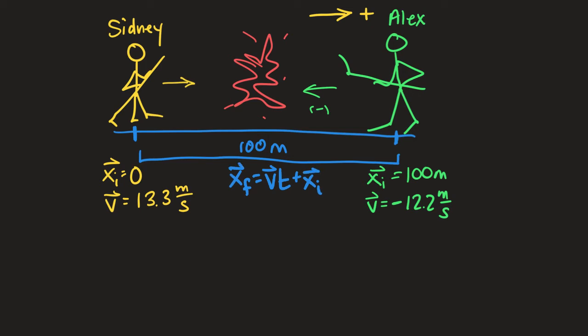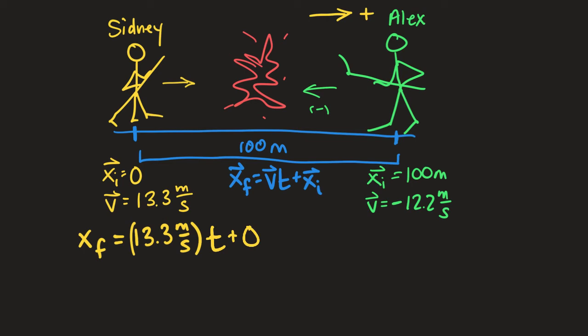So for Sidney, position is going to be velocity, which is 13.3 meters per second, times time, which I don't know, plus 0, because his initial position is 0.